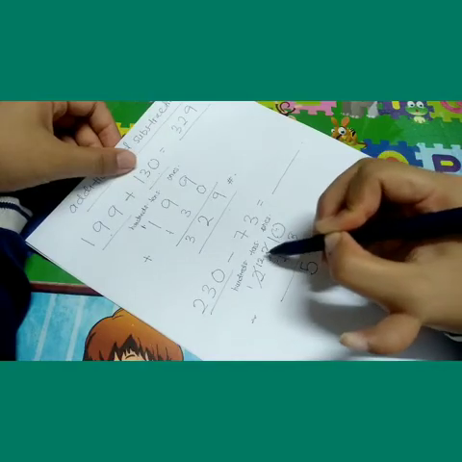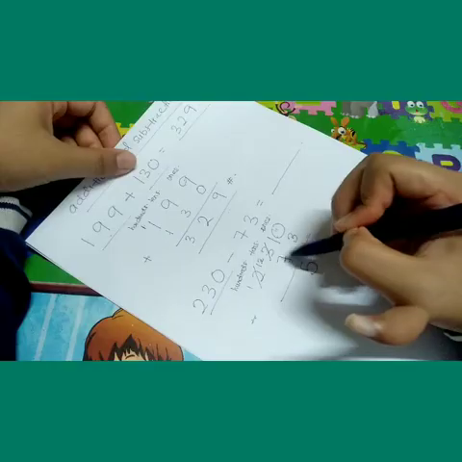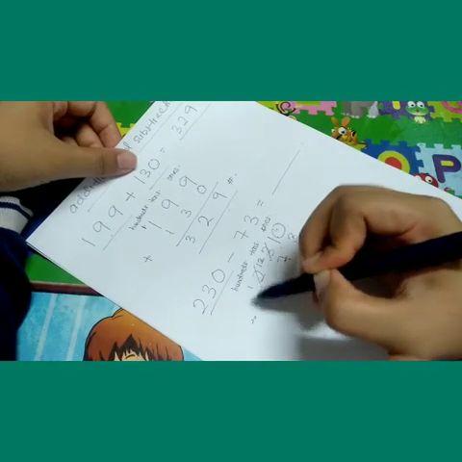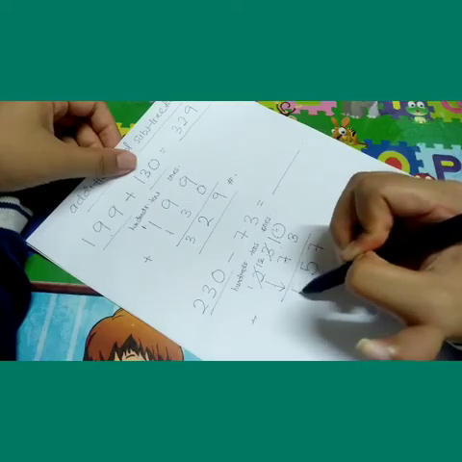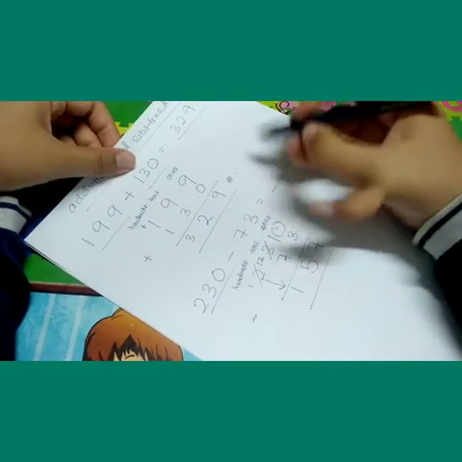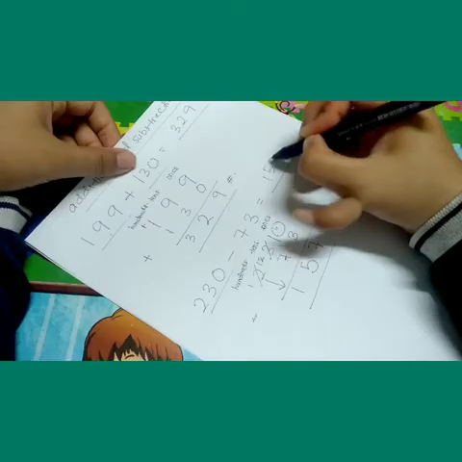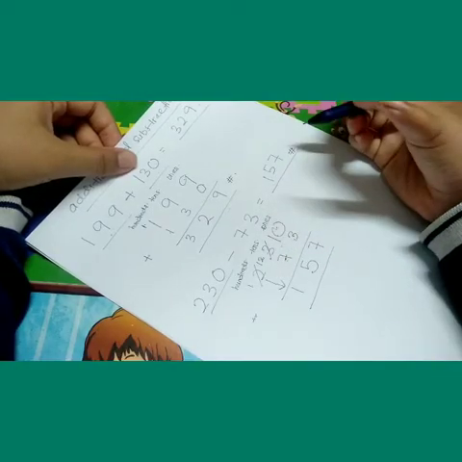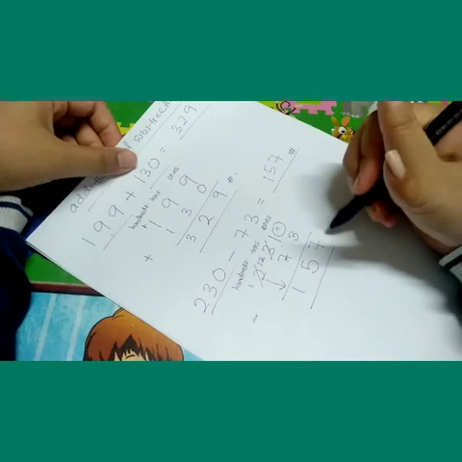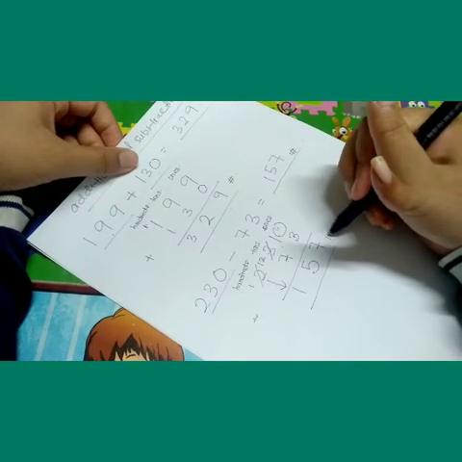Okay, so make sure you know how to solve this one. Okay, so 1 minus nothing, so we just put it down. So the answer is 157.